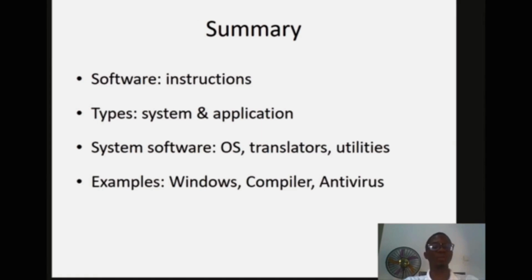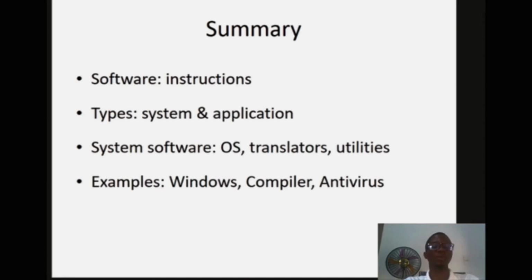Then in summary, we talked about software, and I said it's a set of instructions that tells the computer what to do. I know we are used to thinking of it as the part of the computer that we can see but cannot touch. Yes, but we need to go more advanced so that we can understand it. If I just use that definition, we will not get the clear picture.